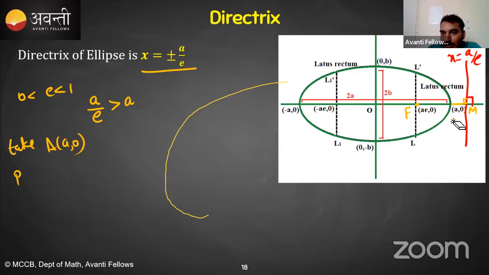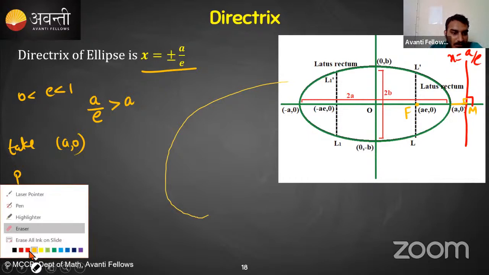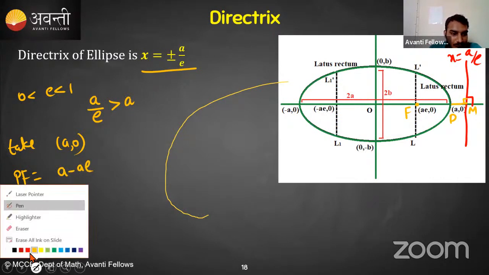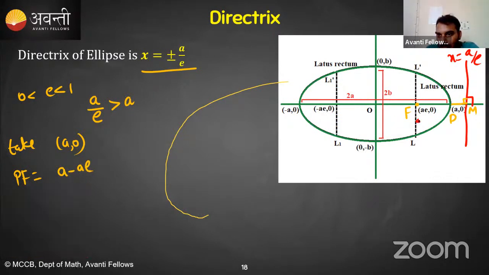To make the notation standard, let's call this point P. Now tell me what is PF. PF is nothing but the distance between the point P and F, which is a minus ae. This distance, yes or no? a minus ae.